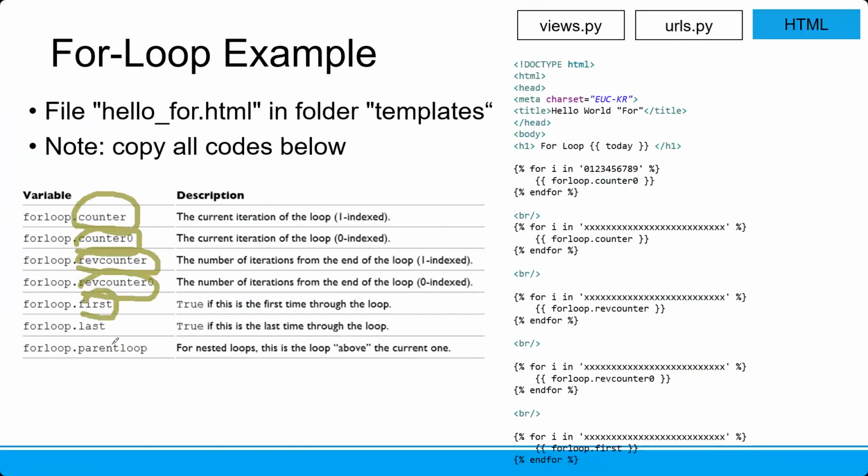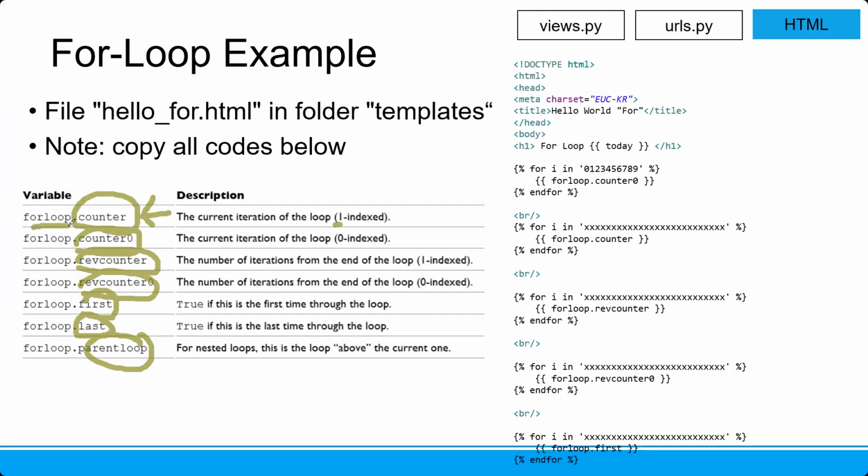We have first, last and parentloop. The first is counter. If it is counter, then the index will start from 1. Okay, so if you are learning programming like Java, Python, for every array or for every loop, they will start from 0. R will start from 1.